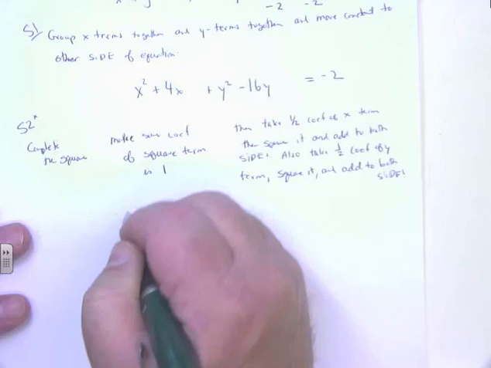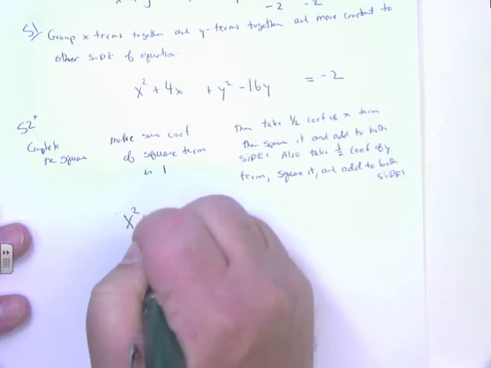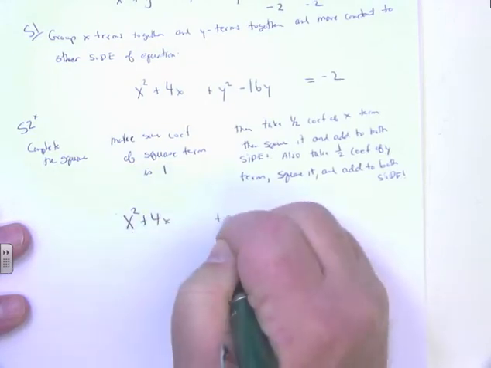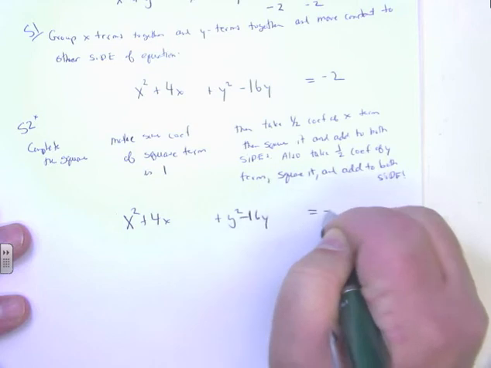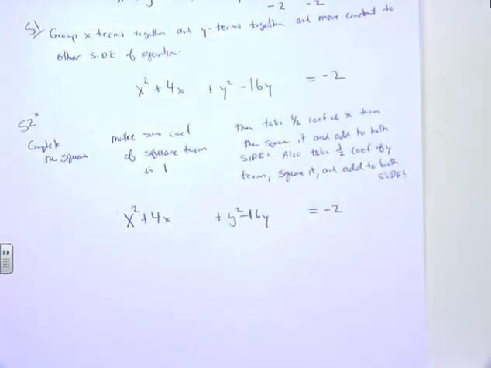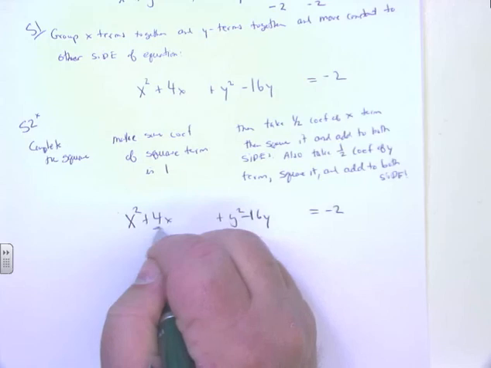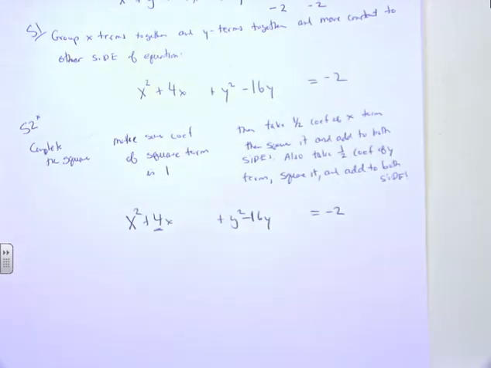So here we go. Leave a little space here. I've got x squared plus 4x, leave a little space, plus y squared minus 16y, leave a little space, equals negative 2. What is the coefficient in front of the x, please? No, that's the coefficient in front of the x squared. I want the coefficient for the x term. 4. Take half of that.